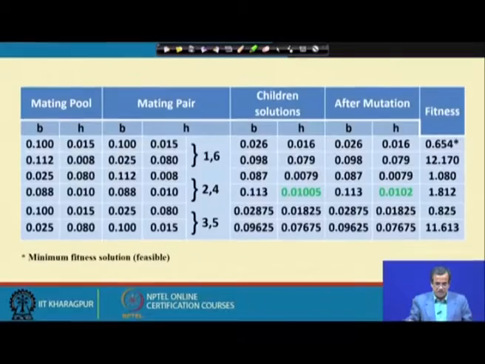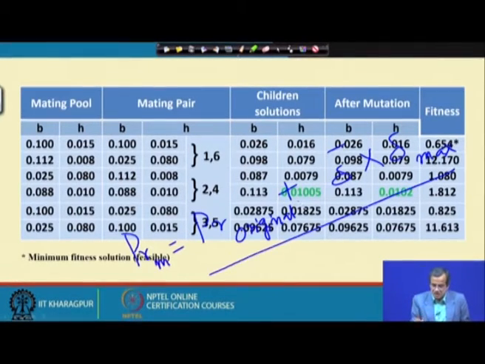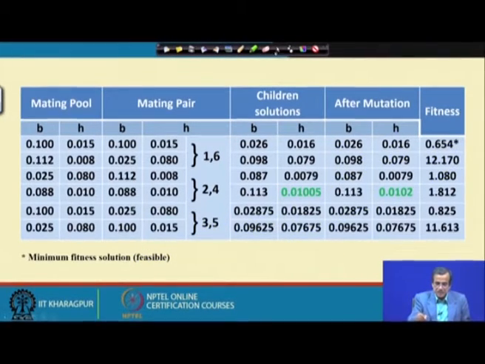Now, if I go back to this particular table, other things we have directly copied, only in place of this children solution, now I have got this mutated solution. Corresponding to this solution, I have got this mutated solution.